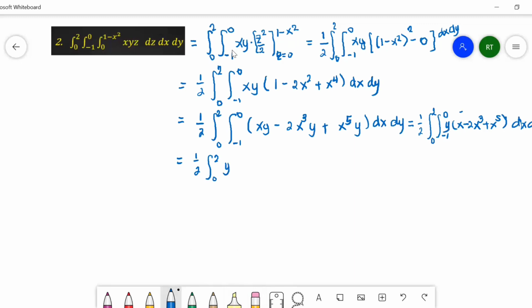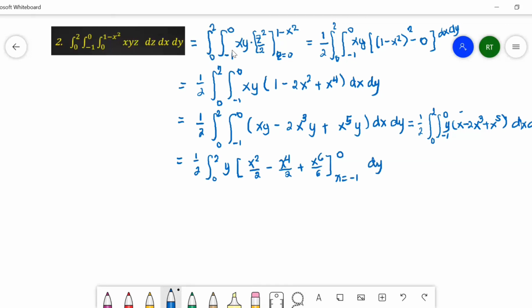So y is temporarily held as constant, and integrating x minus 2x cubed plus x to the fifth will give us x squared over 2 minus 2x to the fourth over 4, or x to the fourth over 2, plus x raised to 6 over 6. This must be evaluated from x equals -1 to 0, times the differential of y.